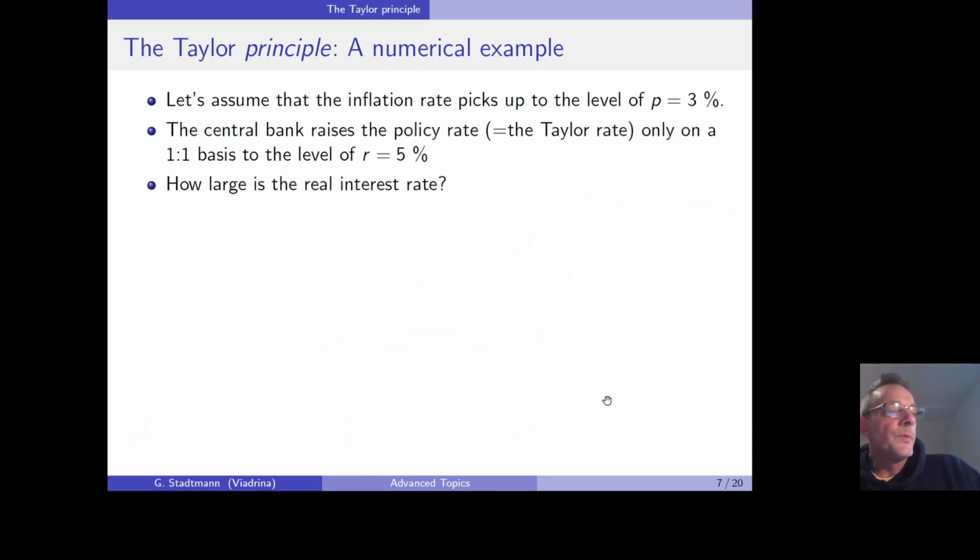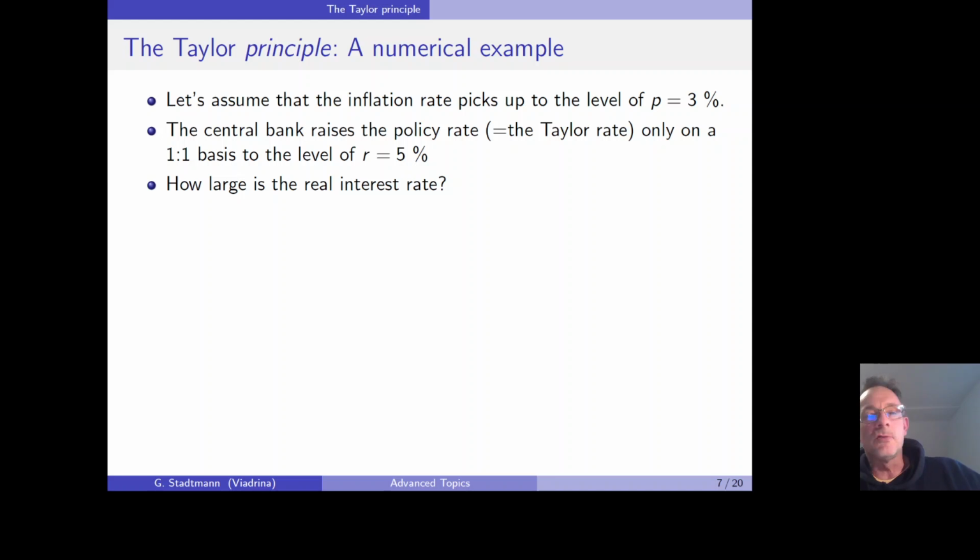Let's now assume that the inflation rate picks up to the level of 3%. And let's also assume here that the central bank raises the policy rate, the Taylor rate, only by 100 basis points to the level of 5%. So the central bank increases the Taylor rate from 4% to 5%.